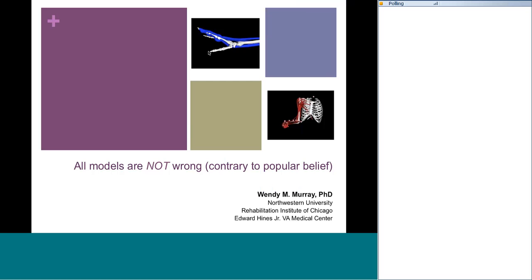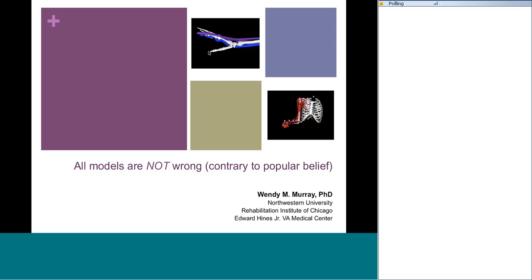I've gotten a few compliments from colleagues about my title. I'm guessing that it's a pretty universal experience for those of us in the field to finish a presentation at a conference and have someone in the audience say something like, well, we know all models are wrong, so can you tell me something valuable from your research?